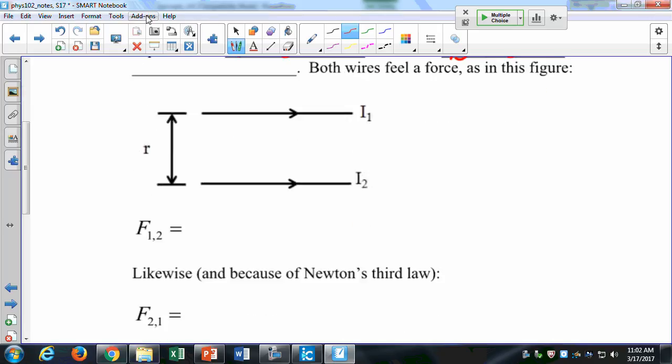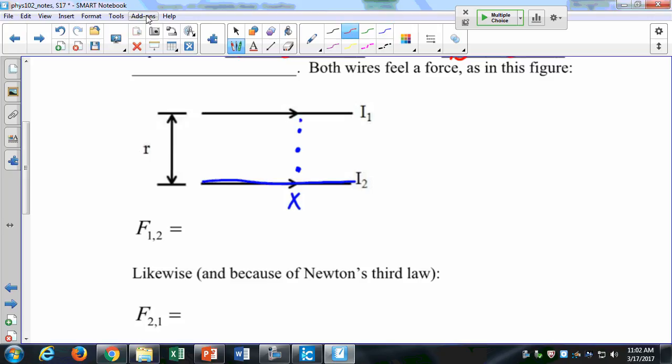So imagine this. I have these two wires. This wire creates a magnetic field in which this wire sits. So this wire is going to experience a force due to this wire. This wire has current in this direction, so the magnetic field is into the page, out of the page. If I draw the magnetic field for this wire, it's into the page, out of the page, and that extends out over to this wire.